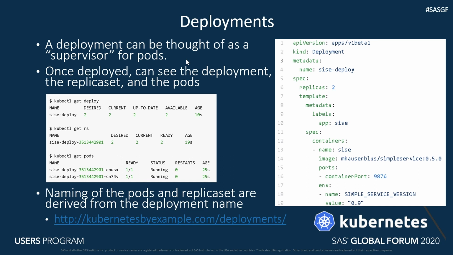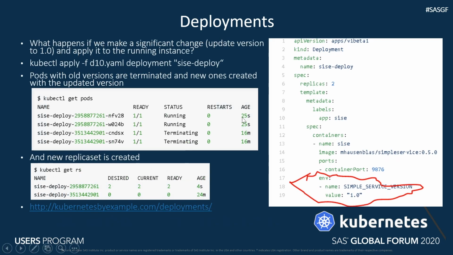Why do we have these numbers and why do we have these random identifiers? Because objects within a namespace within Kubernetes cannot have the same name. So they have to have different names associated with them to separate them out within the namespace. So the names of the pods are derived from the replica sets. The names of replica sets are derived from the deployment.